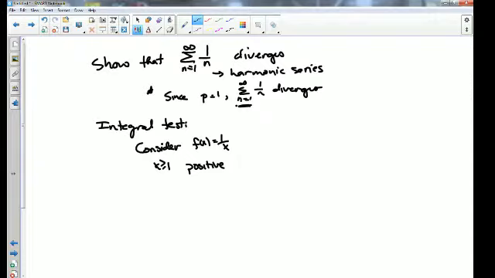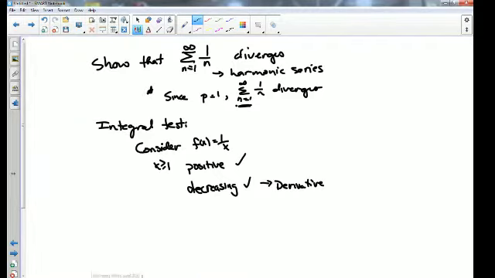It's always positive, so we check. Is this function decreasing? Yeah, you put 1 in, you get 1, you put 2 in, you get a half, then a third. Yeah, it's decreasing, correct? So check. Now, could I show that with the derivative? Yeah, I could, but you don't need to. If you can look at that, you can see that it's decreasing.